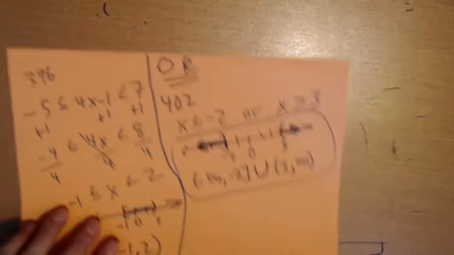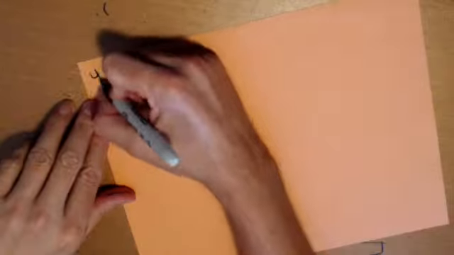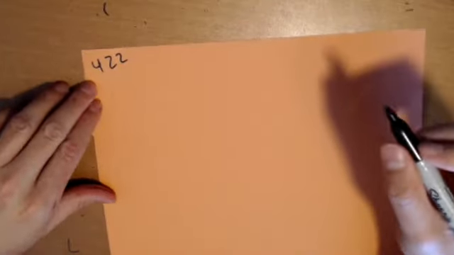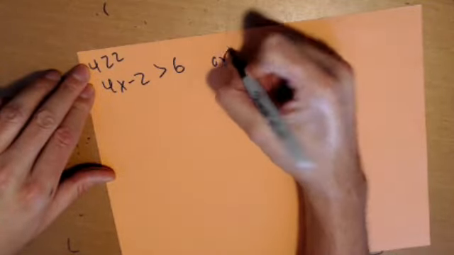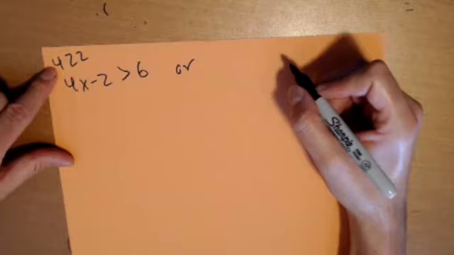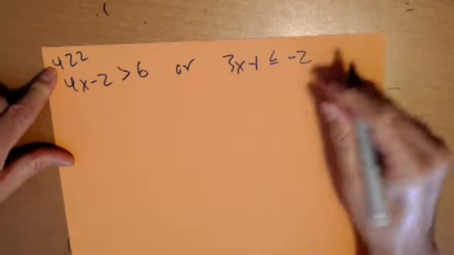Let's just try 422. If you understood those simple examples of "and" and "or", everything should be pretty straightforward. 422: 4x minus 2 greater than 6, or 3x minus 1 less than or equal to negative 2.